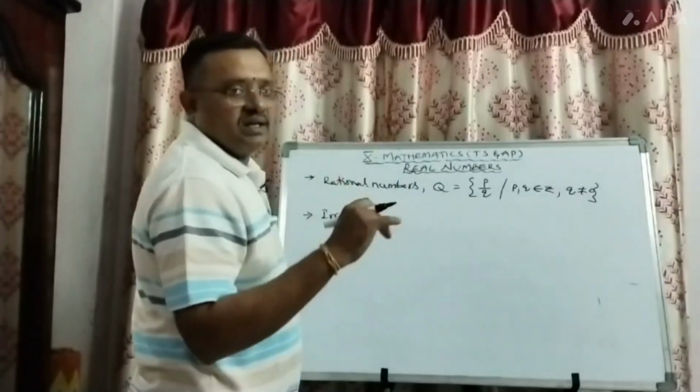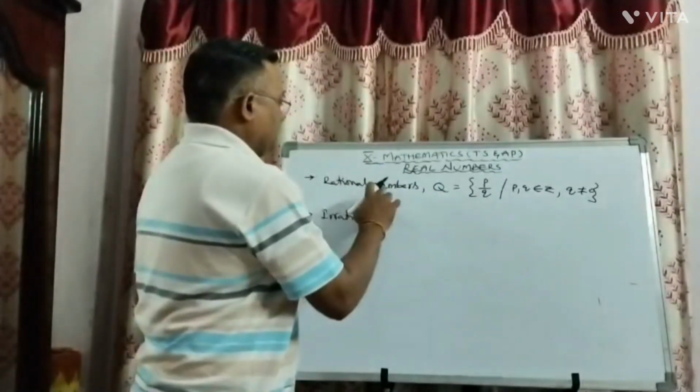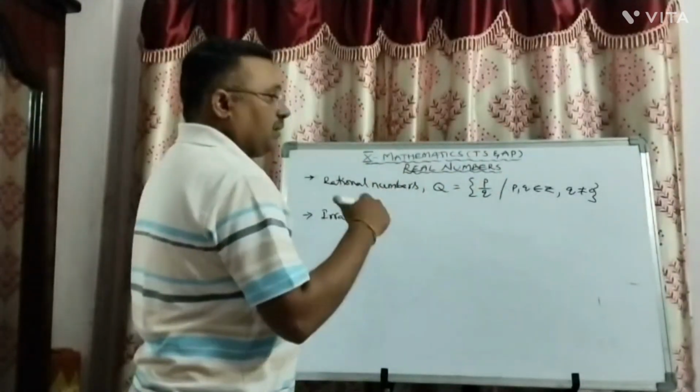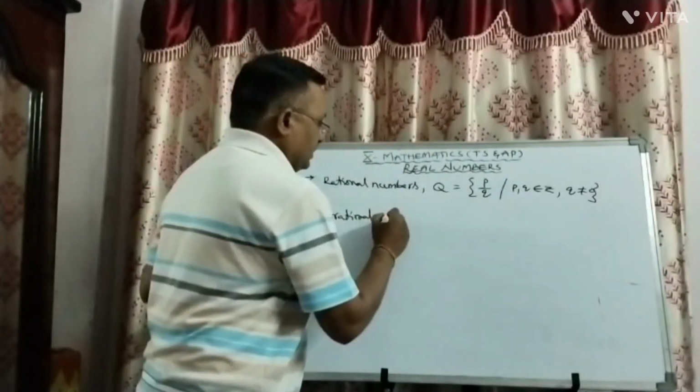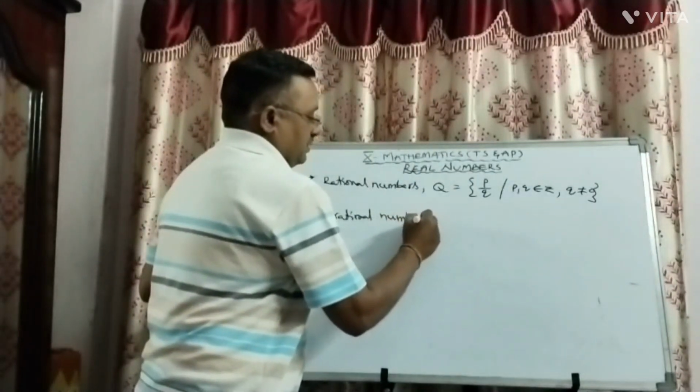Responsible, opposite is irresponsible. Like that, rational, opposite set, the complement set gives you irrational numbers. Clear?